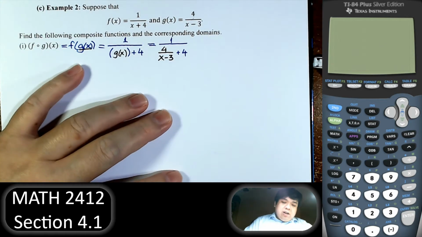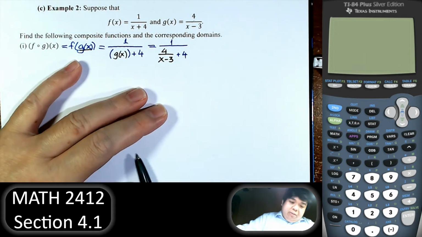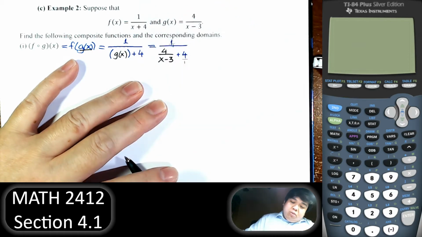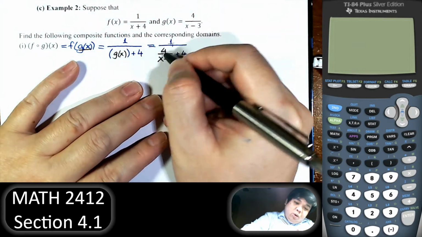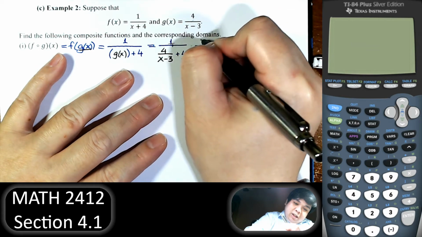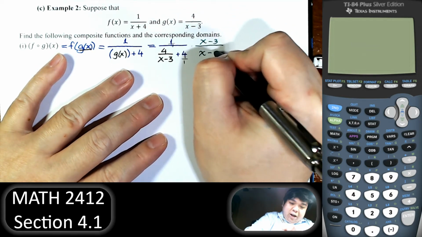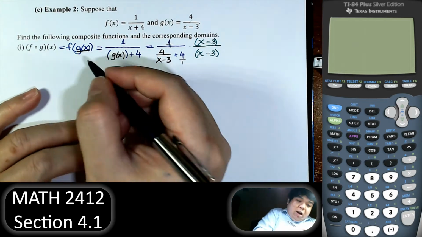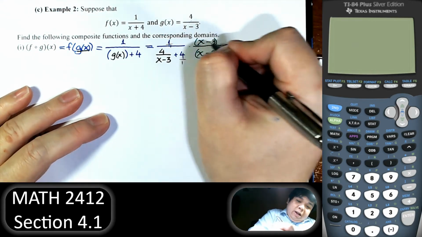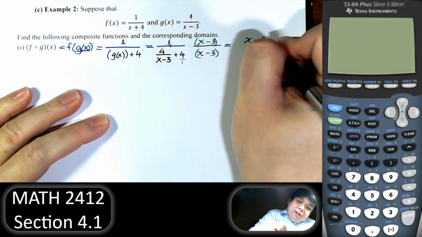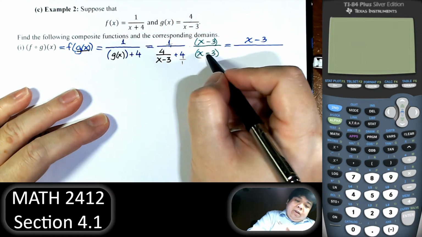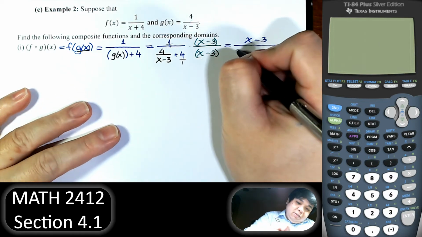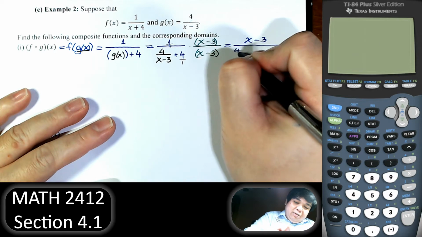Now to simplify this, we can think of all of them as fractions. Let's think about that. So we can just multiply top and bottom by the denominator. We only have the denominator of x minus 3. So when we multiply that top and bottom, we will have x minus 3 on the top. At the bottom, x minus 3 times that. We cancel out. Let's just write like this first.